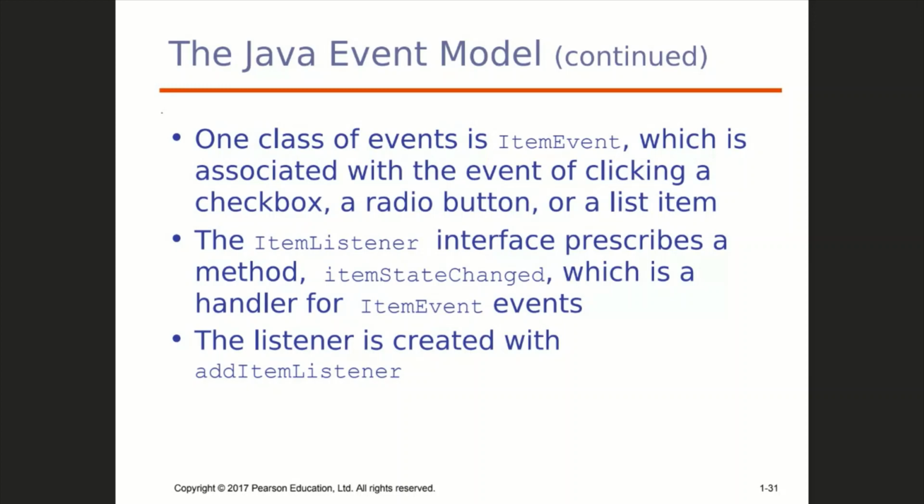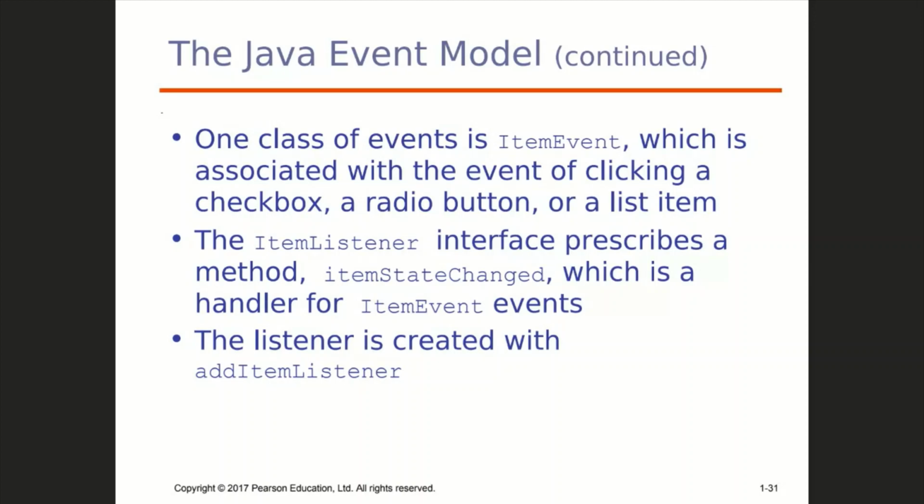So there is an item listener interface, and it prescribes a method. What is the method called? itemStateChanged. The state of the item got changed. That is the handler for the item event. How do you create the listener?